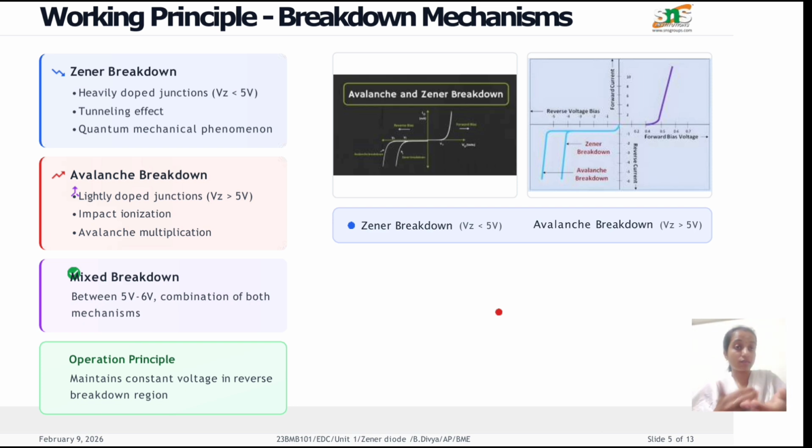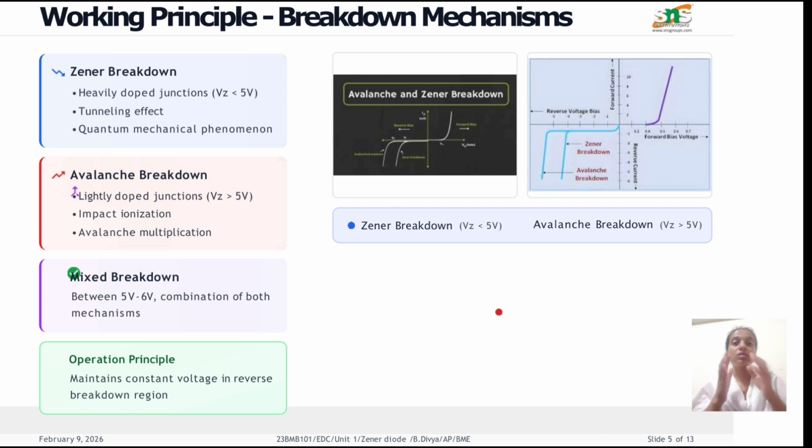Okay, whereas in the Zener breakdown, once the Zener voltage is increased greater than 5 volts, it acts as a Zener diode where the system breaks down and the voltage and the current increase drastically. This is the difference between Zener breakdown and avalanche breakdown.